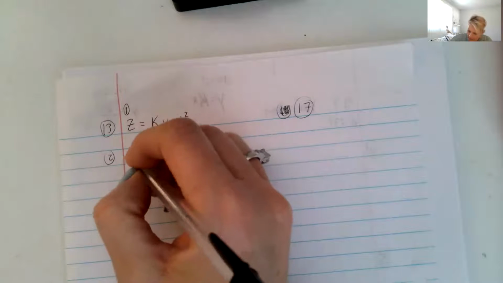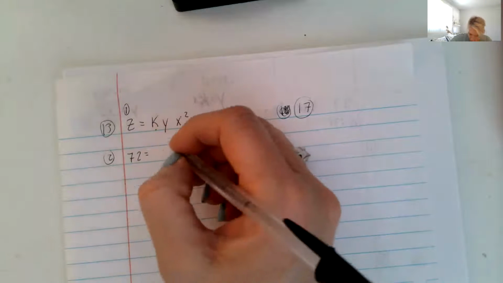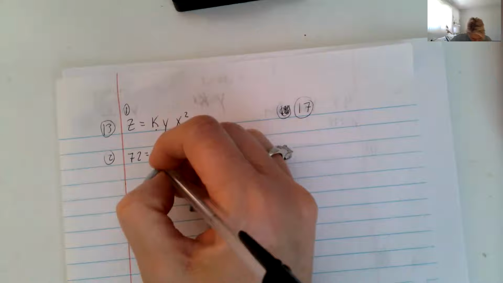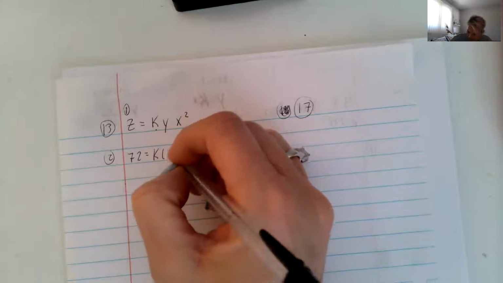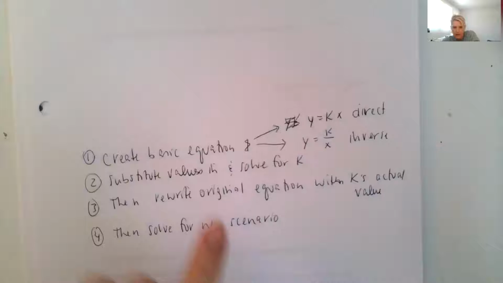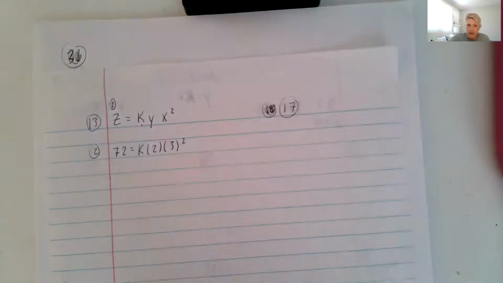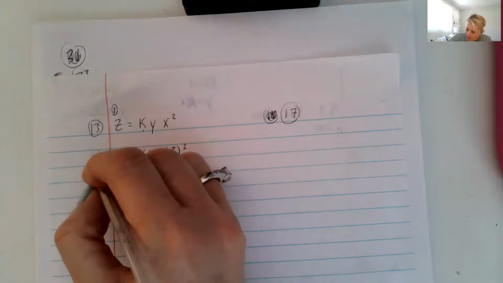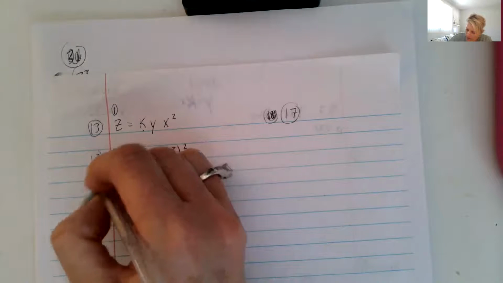So my second step is I'm going to substitute in my values for z, and y is 2 and x is 3. And then solve for k.